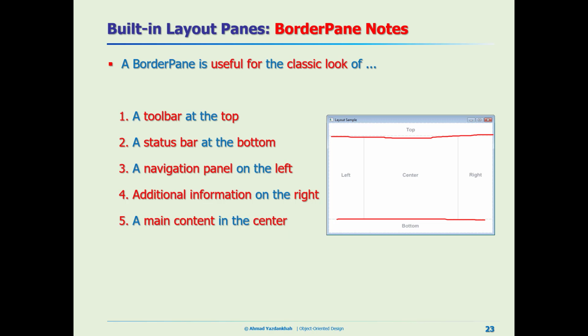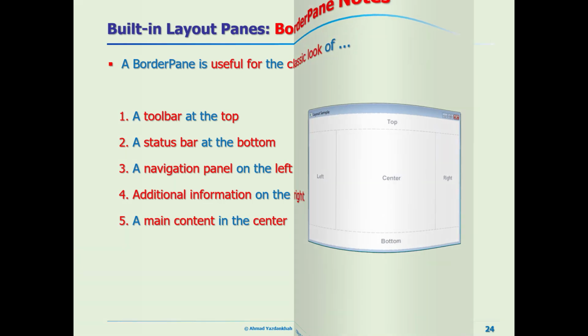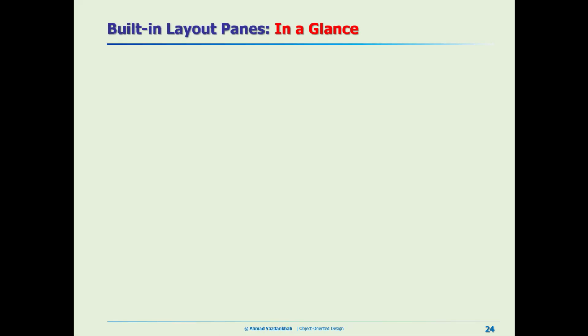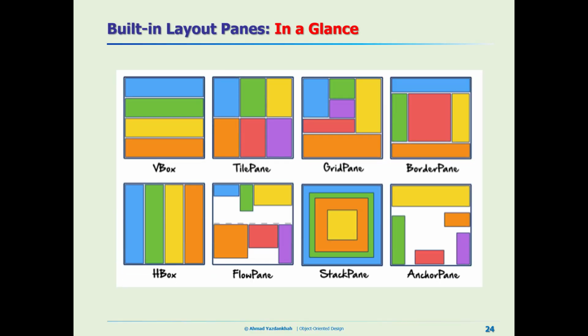Okay, now we have finished all of these layout panes. Now let's look at them at a glance. You see here, HBox just has a stack like this, and VBox is like this, and so forth.